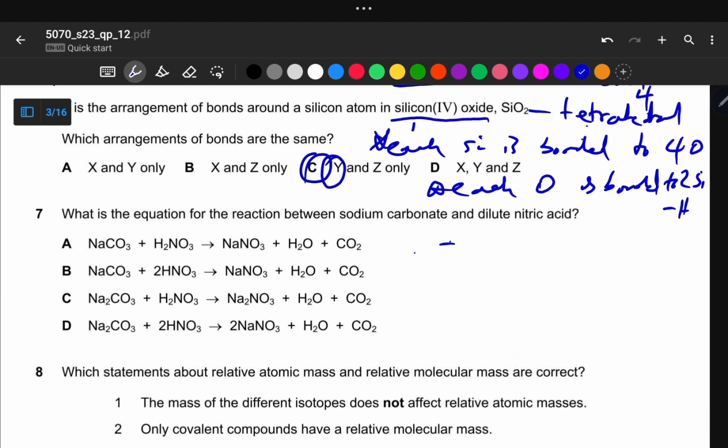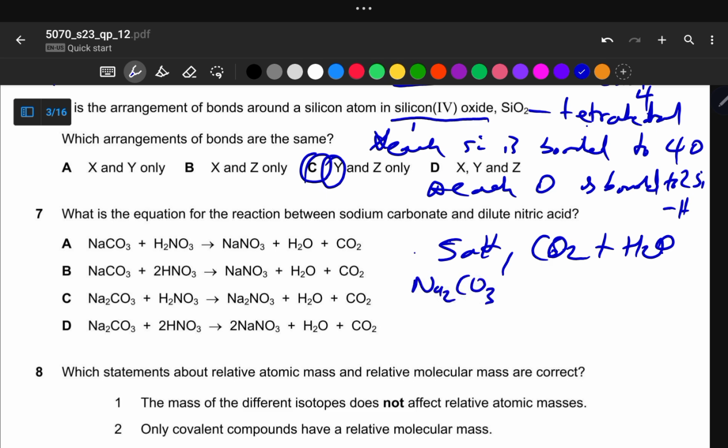Number 7 says, what is the equation for the reaction between sodium carbonate and dilute nitric acid? So the reaction between an acid and a carbonate, we form salt plus carbon dioxide plus water. So we're going to write this equation. So it's sodium carbonate.